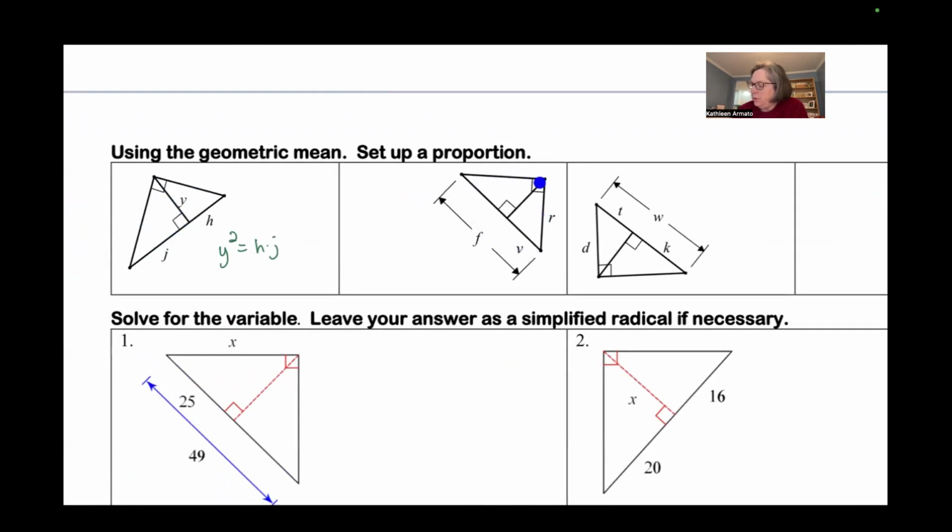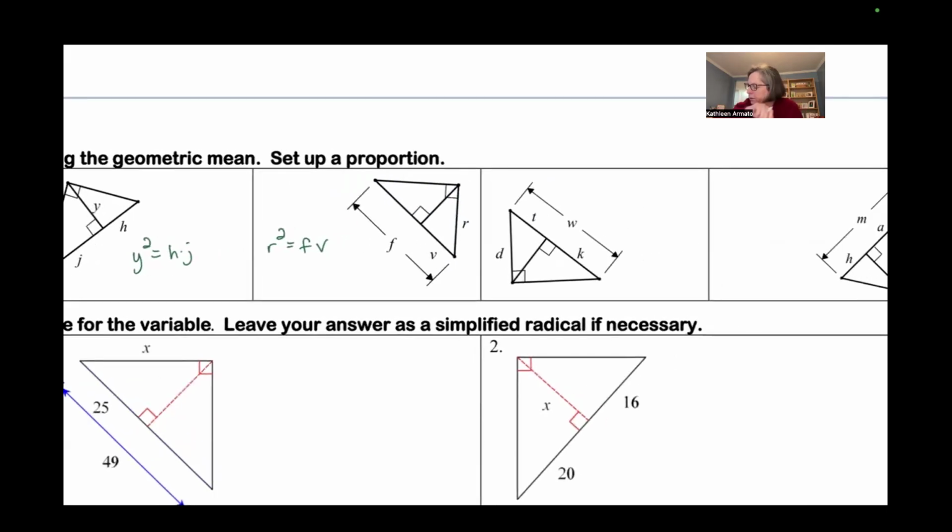Looking at this example, notice I'm not given anything about the altitude. Here, I've got R, which is a leg of the original triangle. So R squared equals the entire hypotenuse, which is F, times the part of the hypotenuse adjacent to the leg. So V is this part adjacent to the leg.